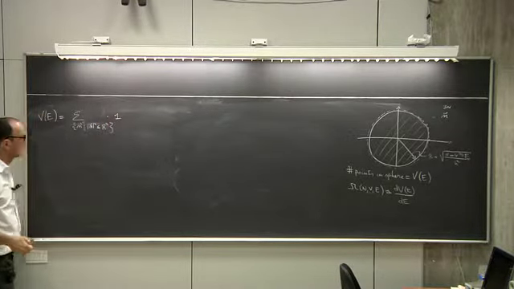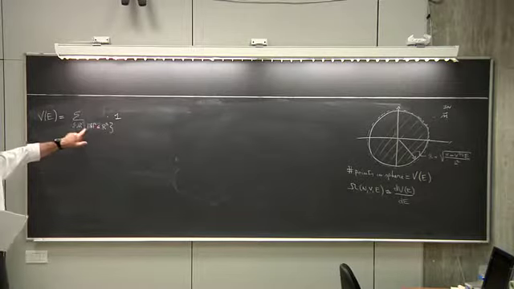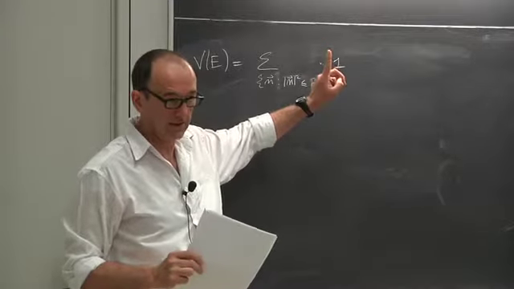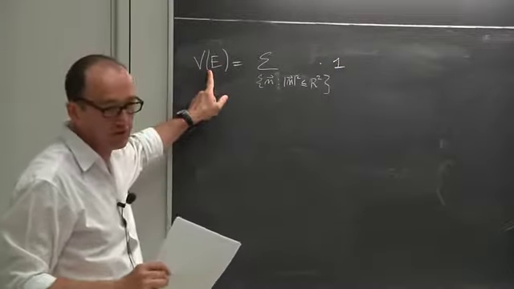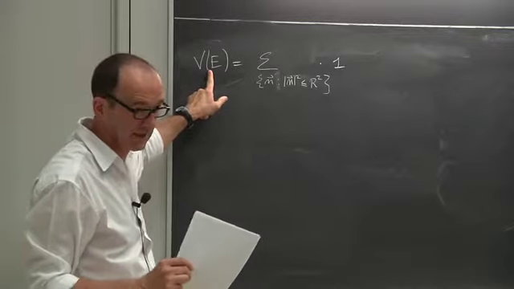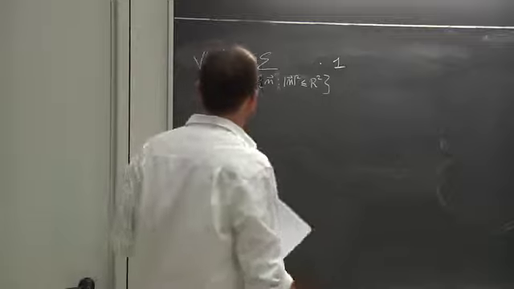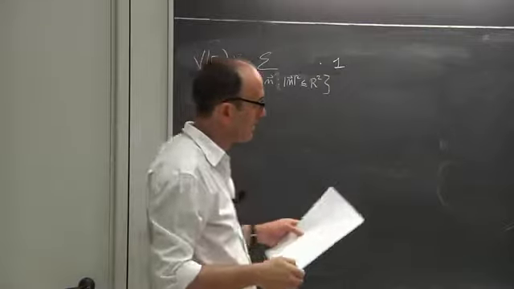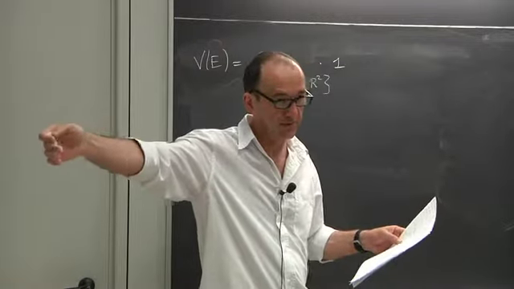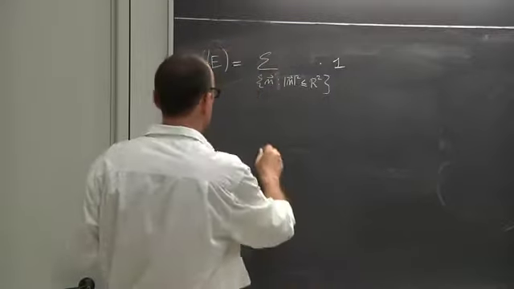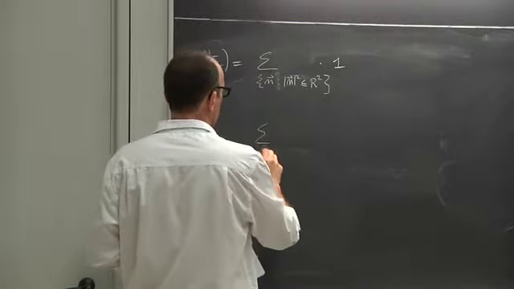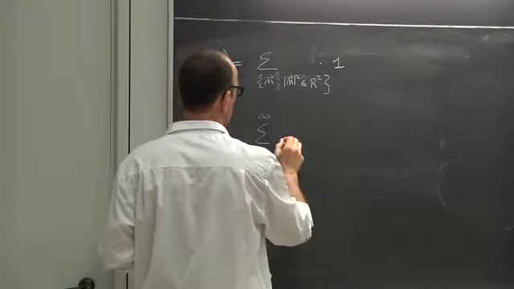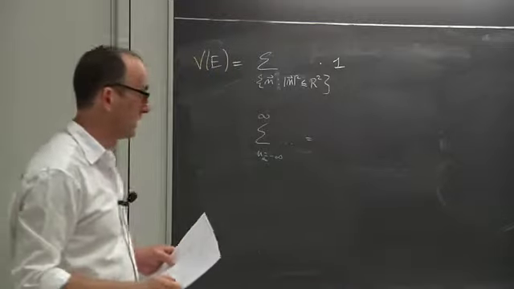For each point inside the sphere, I have to count one state, and this will give me the total number of states with energy less than E. Now this sum is the sum over n_1 up to n_{3n}. So I want to change this sum over each n_a from minus infinity to infinity into an integral.